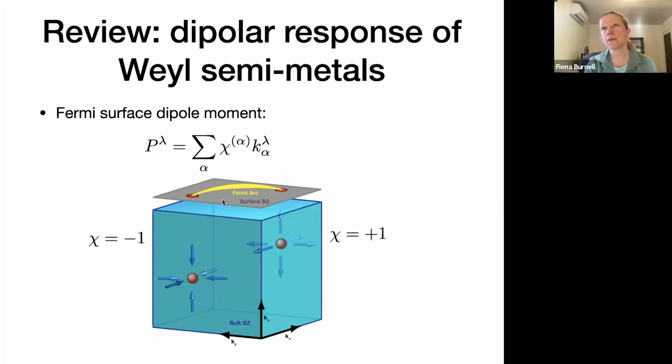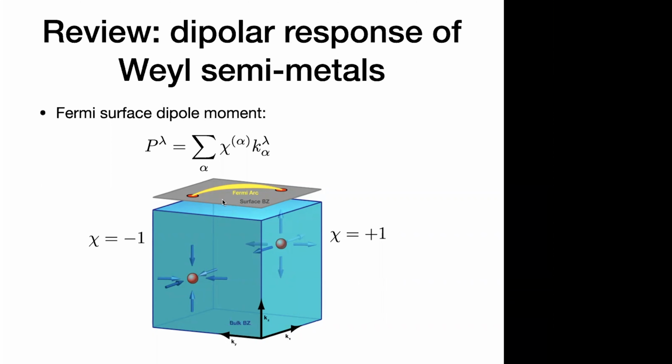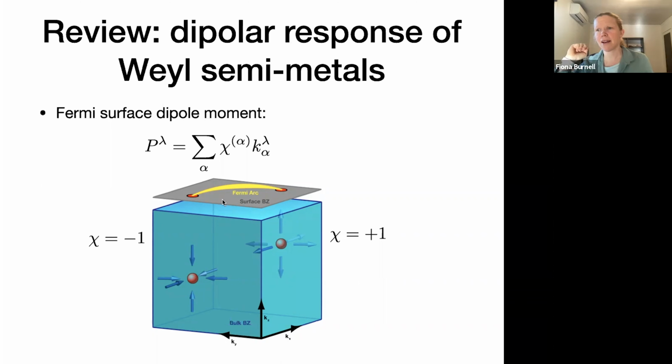I haven't thought about that. The comment though that I would give is that if you don't actually have the Weyl nodes in the bulk, then whatever Fermi surface you're creating on the boundary is still going to be closed. So it's not going to have this same structure. So it has to close somehow, if one thinks about it. Yeah, I don't know how to get an open Fermi surface unless you have Weyl points in the bulk. Okay. Yeah. Thanks.